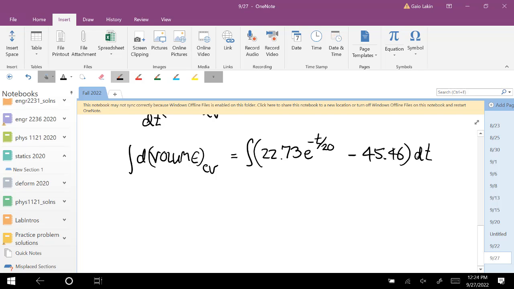All right, so we integrate this. And so all of these are going to be from state 1 to state 2.